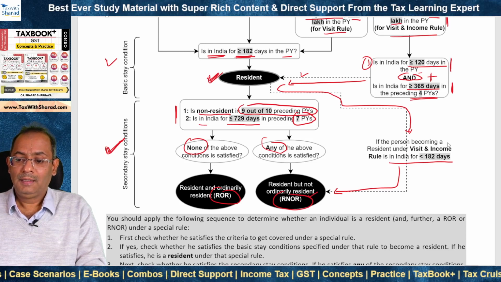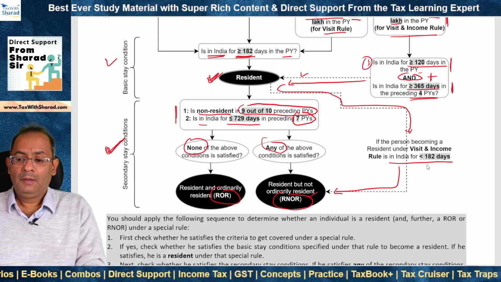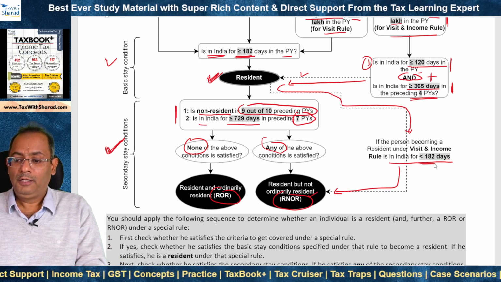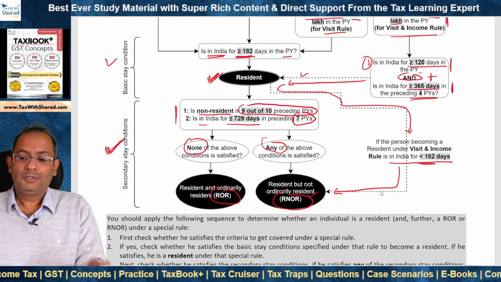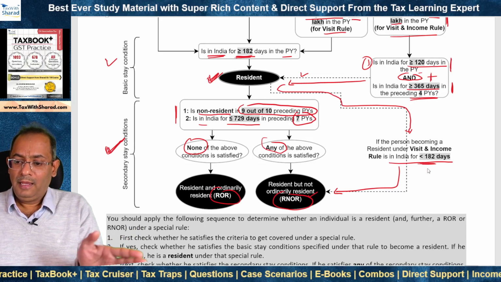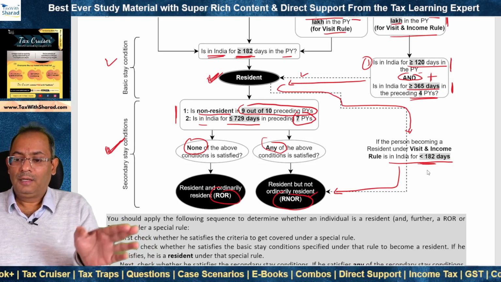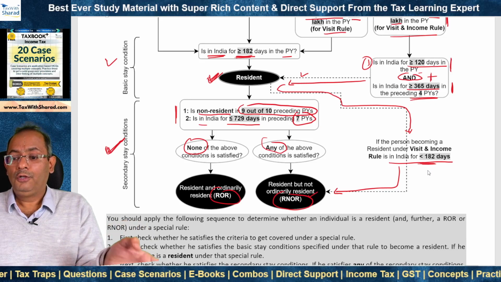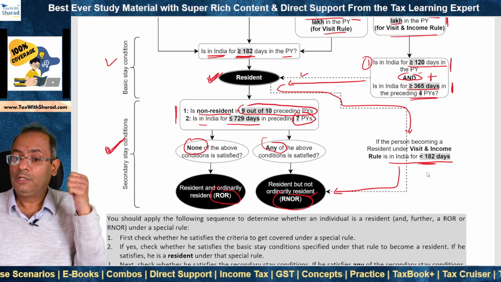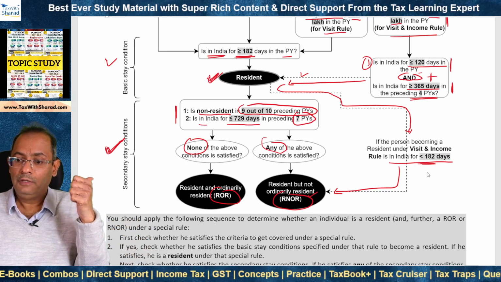If that is the case, then we need to see whether the stay in India in the current previous year is less than 182 days. If yes, then the person becomes a resident and a RNOR. If the stay in India for the current previous year is 182 days or more, then the visit and income rule becomes irrelevant. Then we move to a general rule, which is the 182-day rule, which we will talk about in some time.